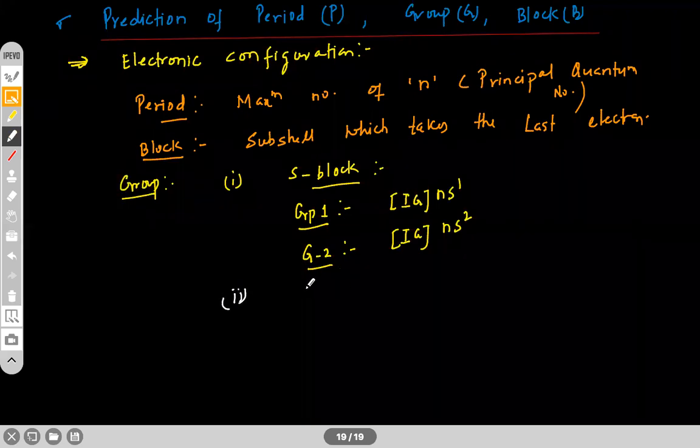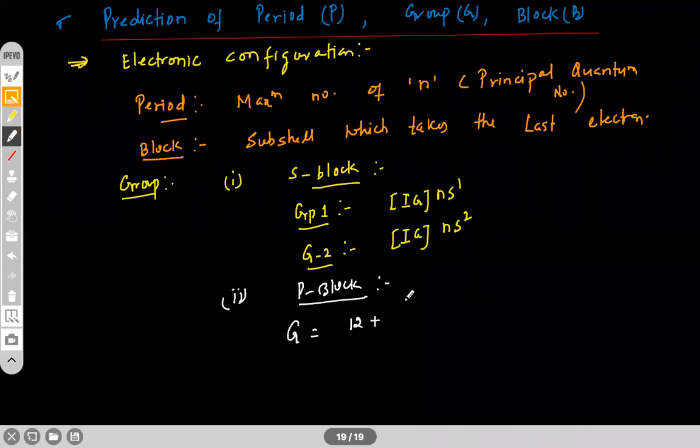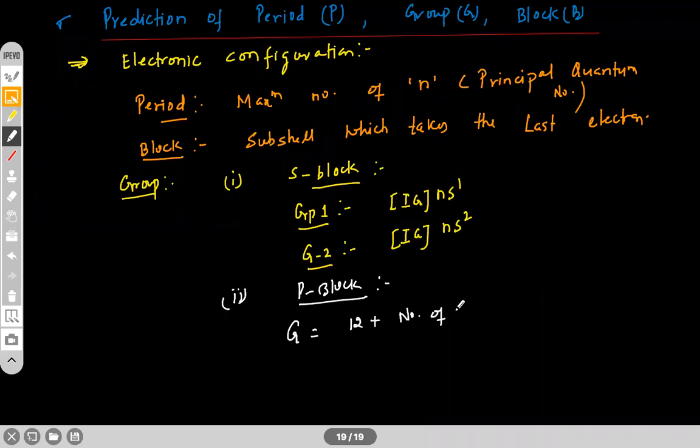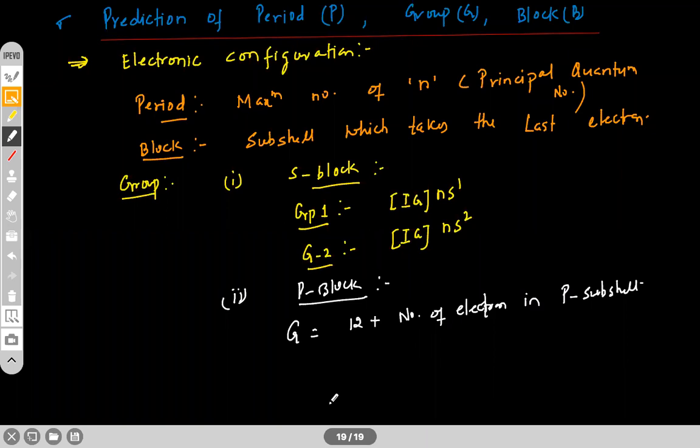If it is P block, then the group would be 12 plus the number of electrons in the outermost P subshell. That gives you the group.